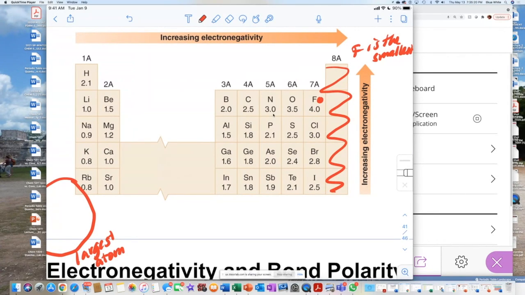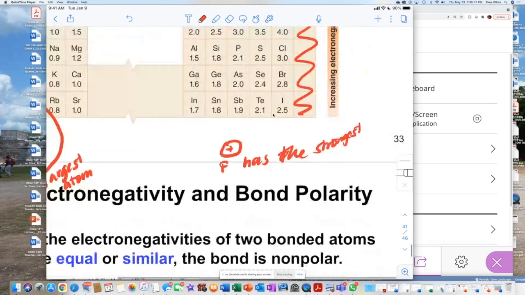Because fluorine is the smallest atom, that also means fluorine has the strongest, or should I say highest, nuclear charge.